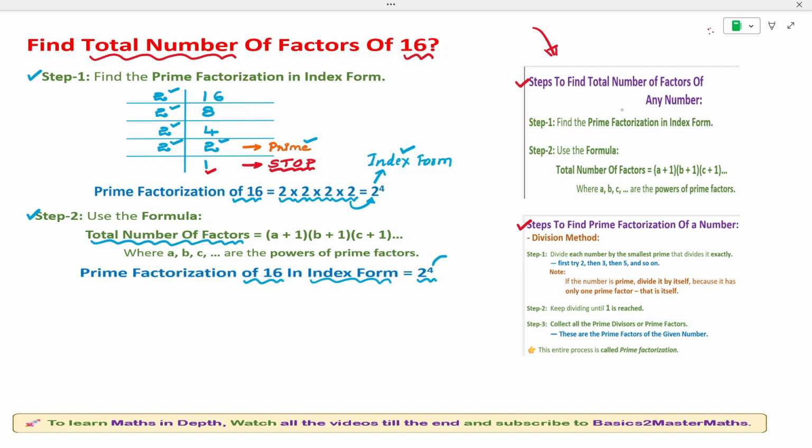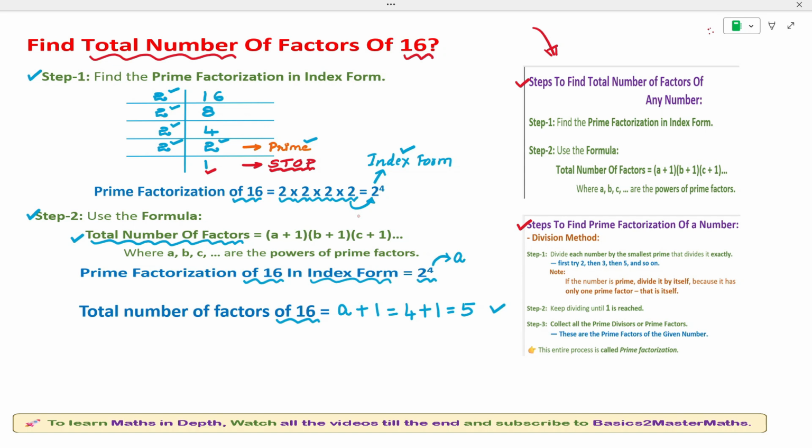So, 4 becomes A. Now, let us apply the formula. Total number of factors of 16 equals A plus 1 equals 4 plus 1 gives you 5. Got it?